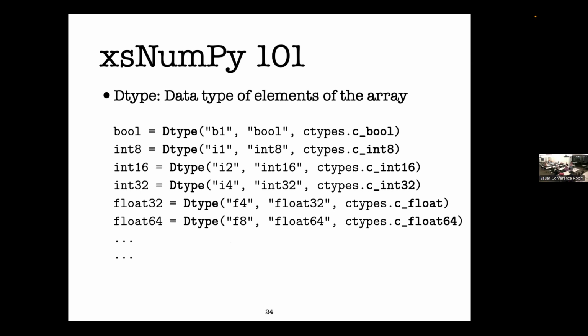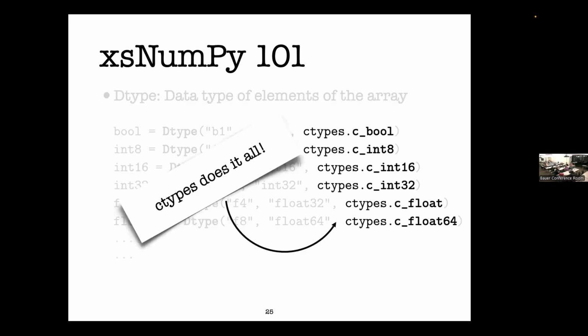You can just use the normal Python c_bool, which gives you the Boolean logic behind it, Boolean objects. So I wrote a bunch of objects just to mimic the different data types that NumPy offers. And ctypes does it also. I don't have to think about the underlying bit shift operations and everything. ctypes takes care of everything.